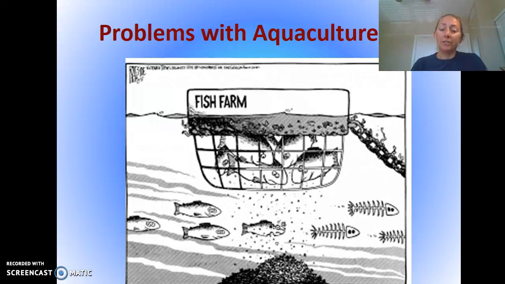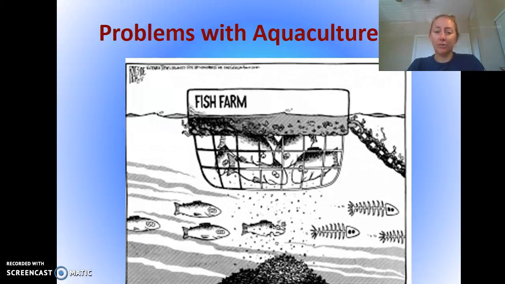If you have wild species or wild fishes swimming near the net pens, the wild fish can get diseases passed on to them because the farmed fish have been inoculated. They're getting vaccines and then put into these net pens. So obviously the wild fish are not being inoculated. They don't have vaccines out in the wild.